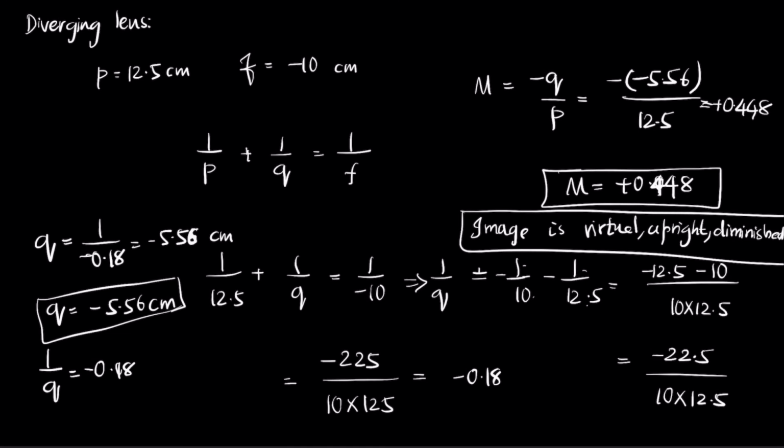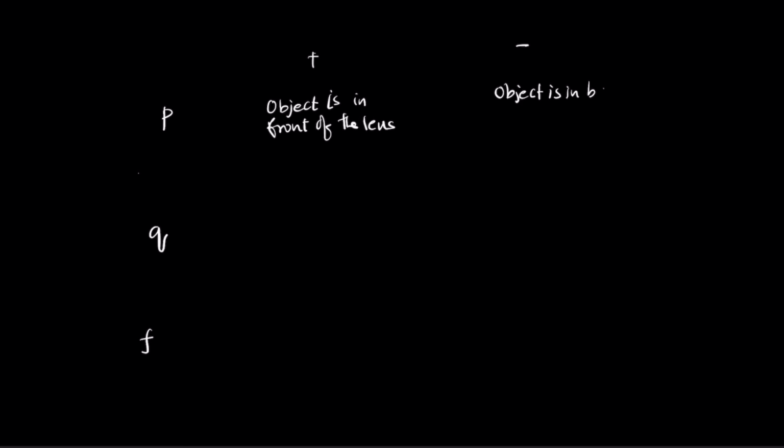Remember the notation for p, q and f, plus and minus. P is positive if the object is in front of the lens. P is negative if the object is in the back of the lens.